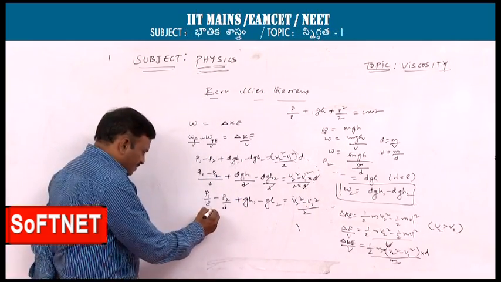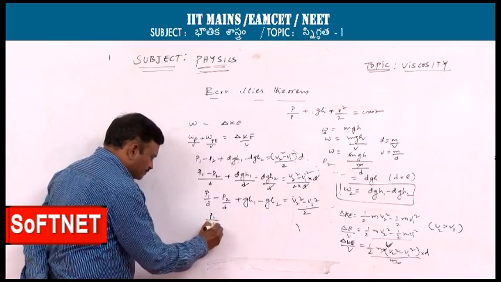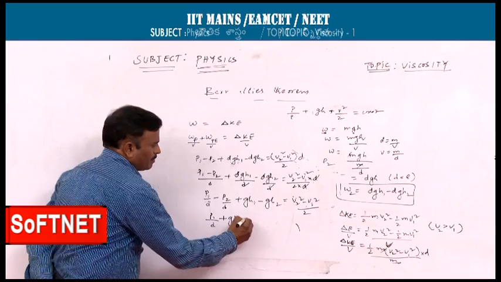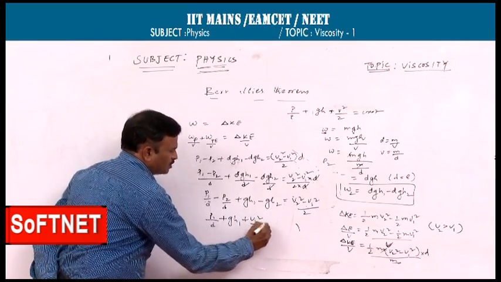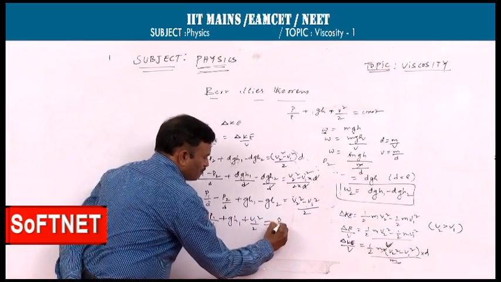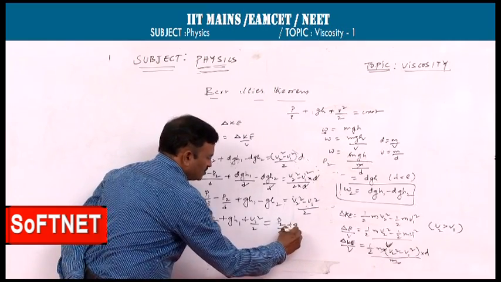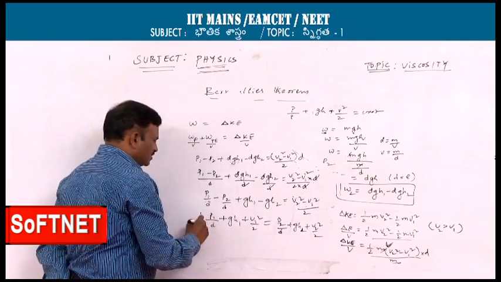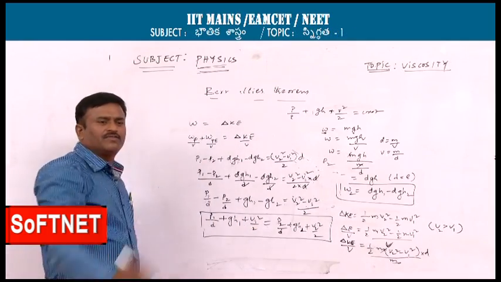Taking the terms together, P1 by d plus g h1 plus v1 square by 2 is equal to P2 by d plus g h2 plus v2 square by 2. This is a very important expression for the numericals.